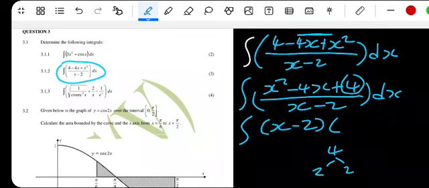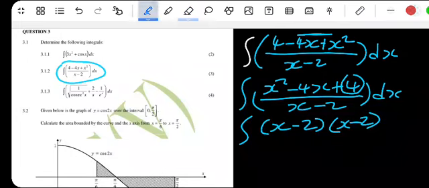When we multiply, we must have 4, but when you add them, they must give us minus 4. So we use negative 2 and negative 2: they multiply to give 4 and add to give negative 4. So the factors will be x minus 2 and x minus 2.